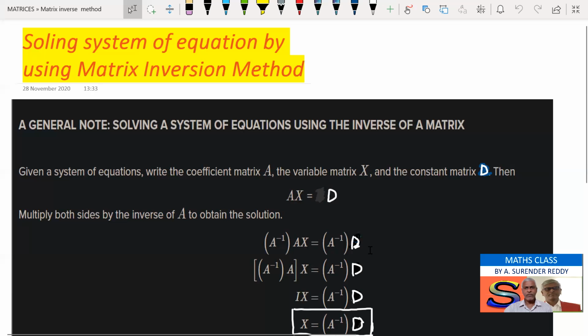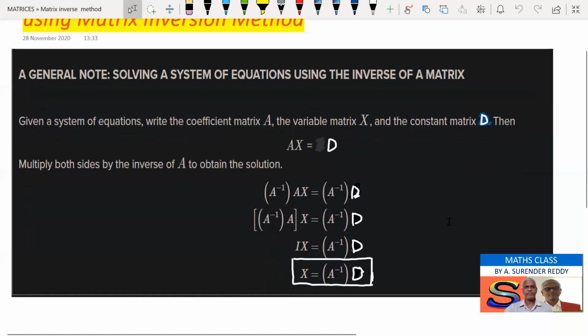So taking A inverse both sides, and A inverse A will be the unit matrix I. So I into X is X. So we get X is equal to A inverse D.